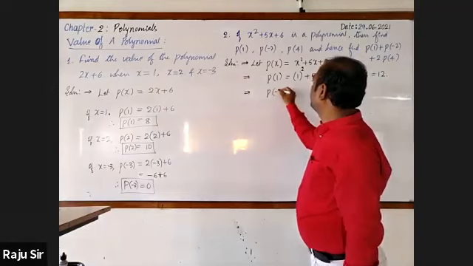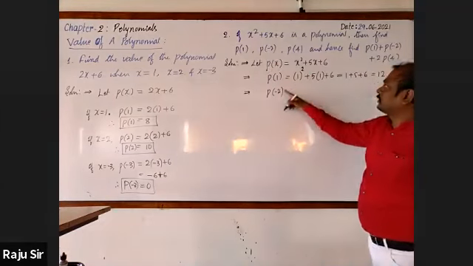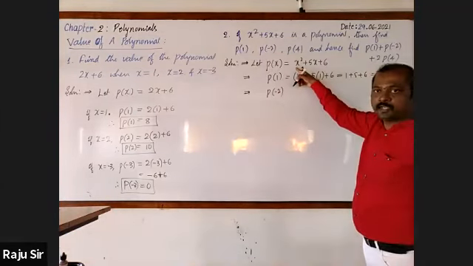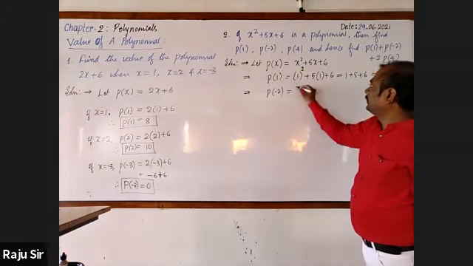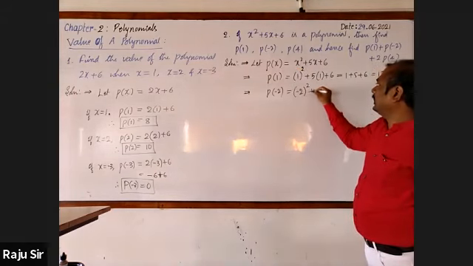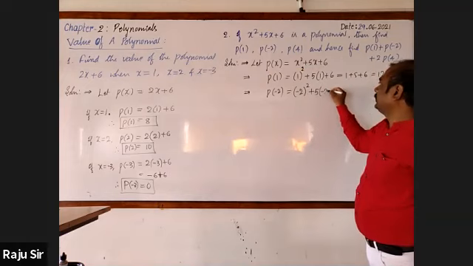Next one, P of minus 2. So write minus 2 in place of x. It is equal to minus 2 whole square plus 5 into minus 2 plus 6. What is minus 2 whole square?